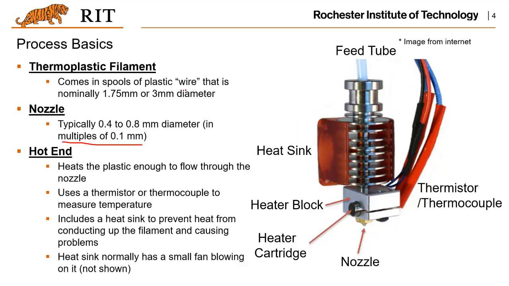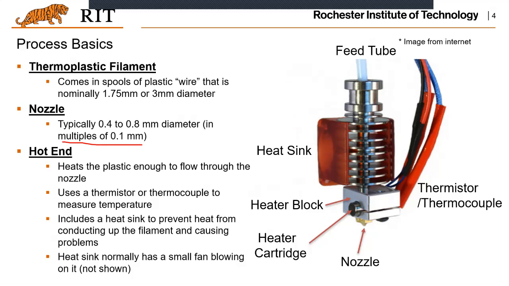So the central part of this printer is the hot end. This hot end will heat the plastic enough such that the melted plastic can flow through the nozzle. And there's a thermometer or thermocouple to measure the temperature.